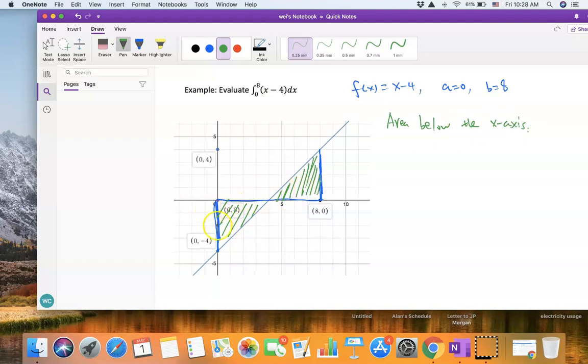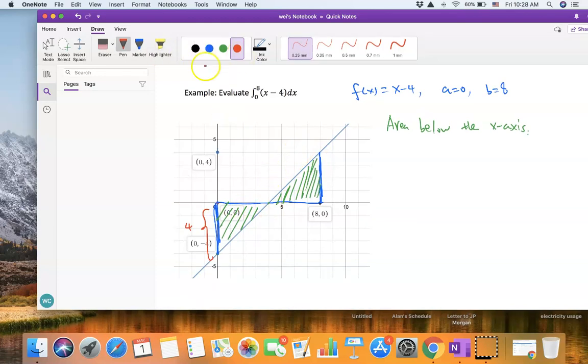The region below the x-axis is a right triangle. Since it's a right triangle, to find its area, we just need to know what the base and the height are. The height of this triangle is 4, from 0 to -4. So the length equals 4. Now the base is the length of this piece. And we can know this because when x equals 4, the function value equals 0.